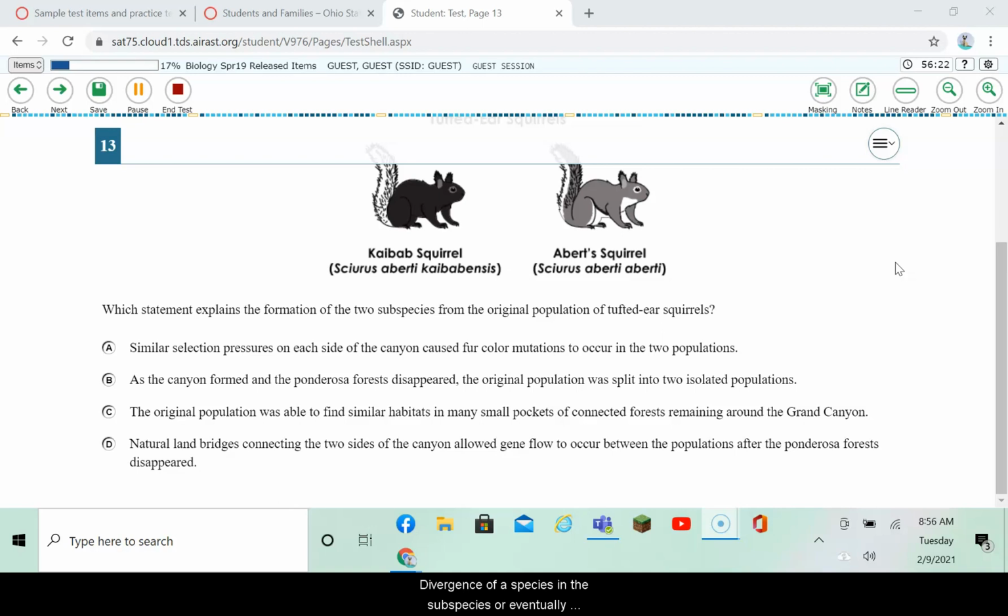Divergence of a species into subspecies or eventually new species occurs due to a restriction of gene flow between the populations. Habitat isolation prevented the squirrels from mating and the populations evolved independently. Remember, reproductive isolation is what causes a new species. So the answer for number 13 is B.